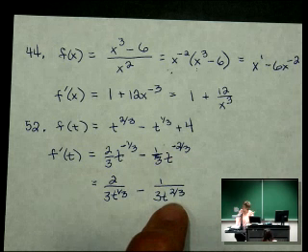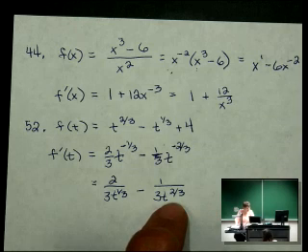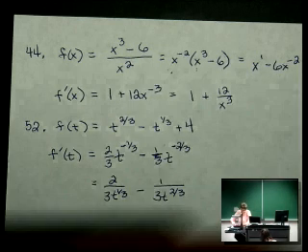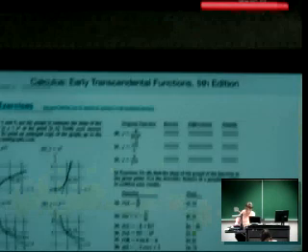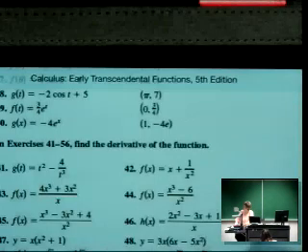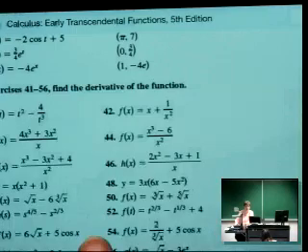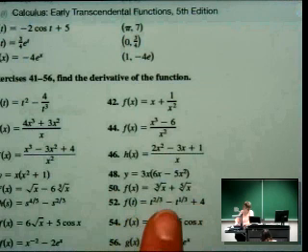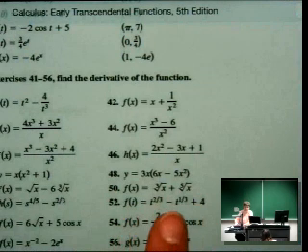One other thing, if the original problem has a radical in it, like back to what page were we on? 136. Back to page 136. If the original problem had a radical in it, like number 50, then the answer is probably going to be written with a radical in it. But on number 52, if the original problem just had exponents, the answer is usually written with just exponents.